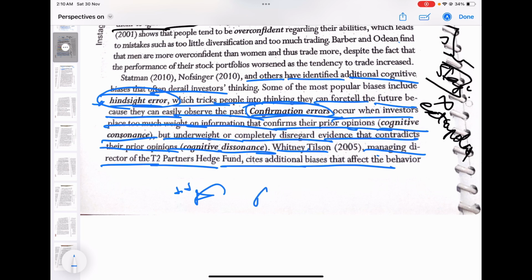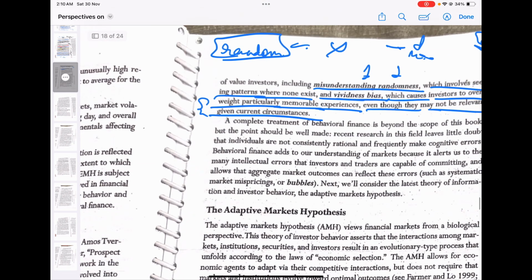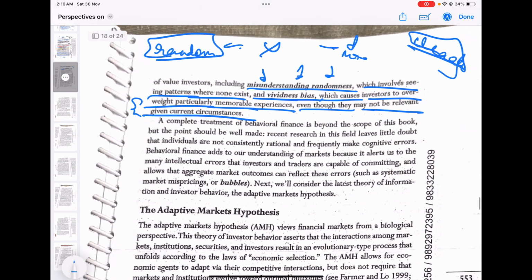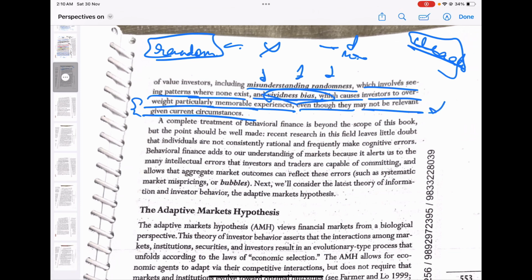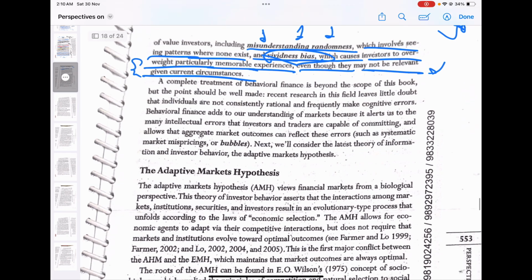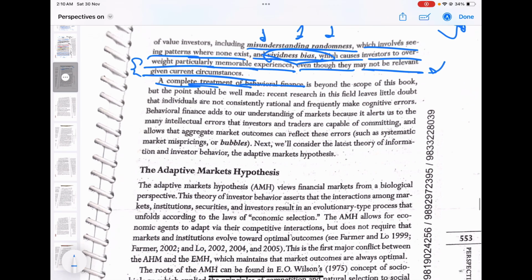Cognitive consonance means prior opinions. Cognitive dissonance means that sometimes it can change and you should be comfortable with it if you have enough evidence. Misunderstanding randomness, seeing patterns which actually do not exist. Vividness bias, giving some particular thing more importance when it really doesn't deserve it. A complete treatment of behavioral finance is beyond the scope of this book.